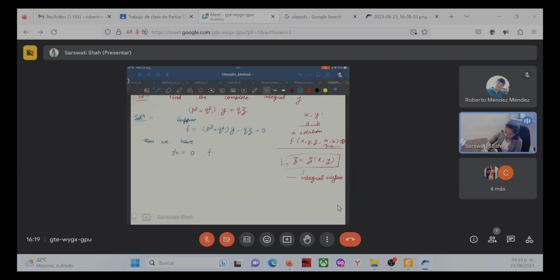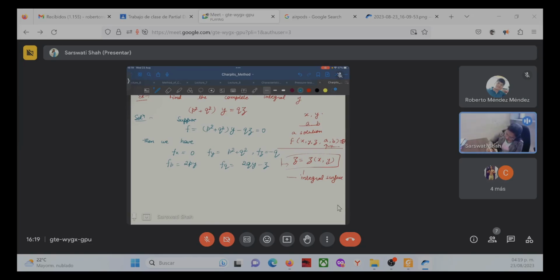So f y equals p square plus q square, f z equals minus q, f p equals 2py, f q equals 2qy minus z.